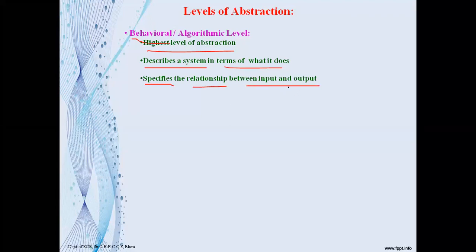When you give an input to a digital circuit, how the circuit behaves is described by this behavioral level. So it describes the functionality of the digital circuit. Simply, it is a relationship between the input and output.